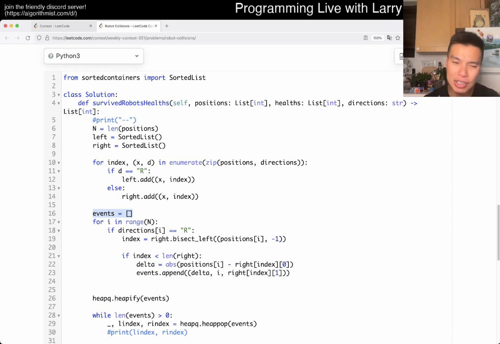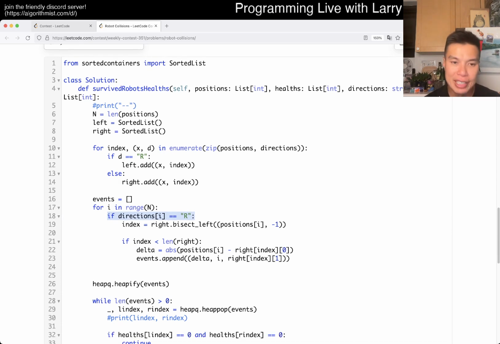Basically here, I looked at the stuff that's going to the right side, because by symmetry, if the two things that are closest to each other are facing toward each other, that's going to be the same. So that's why I did it only on one of them.